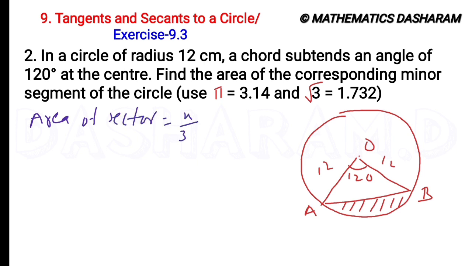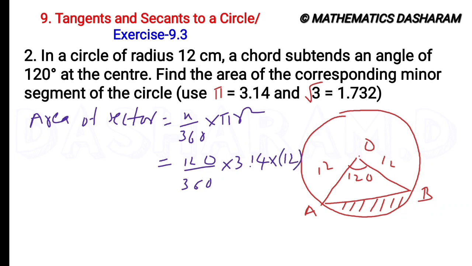x by 360 into pi r square. So x value 120 divided by 360 into pi value, that is 3.14, into r square, r value is the radius, 12 square. So here the zeros cancel, 12 ones are 12, 3 ones are 3, so 1 by 3 into 3.14 into 12 square is 144.